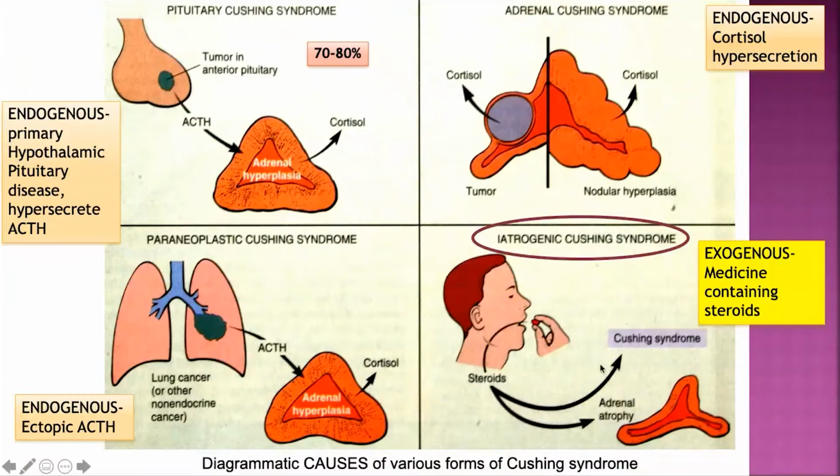Iatrogenic means whatever condition is related to the medication given to the patient. The rest are all endogenous, starting from primary hypothalamic pituitary disease, the most common one being pituitary adenoma, and then cortisol due to an adrenal adenoma producing cortisol.